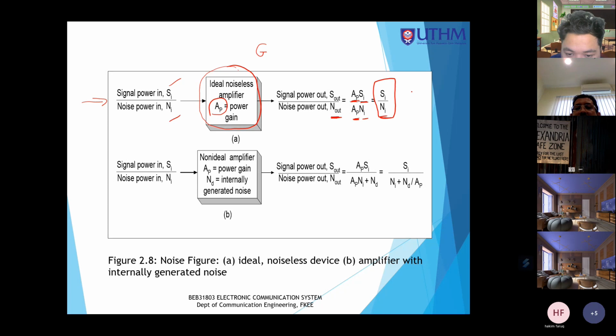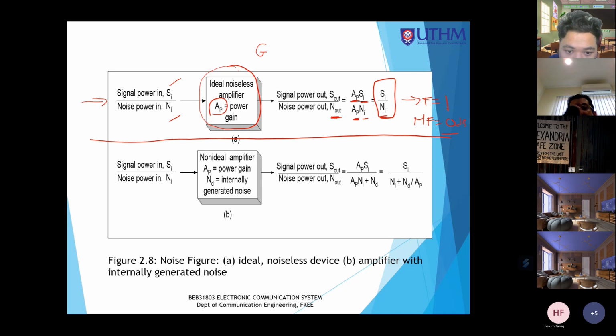Okay, so inilah yang dikatakan bahawa SNRI equal to SNRO. Input SNR sama dengan output SNR, yang mana dia akan menghasilkan F bersamaan dengan 1 and F dB bersamaan dengan 0. 10 log 1 you're going to get 0 dB. Okay, so this is the ideal case.